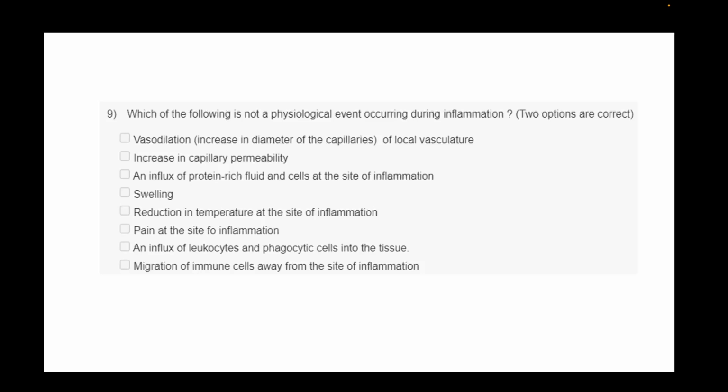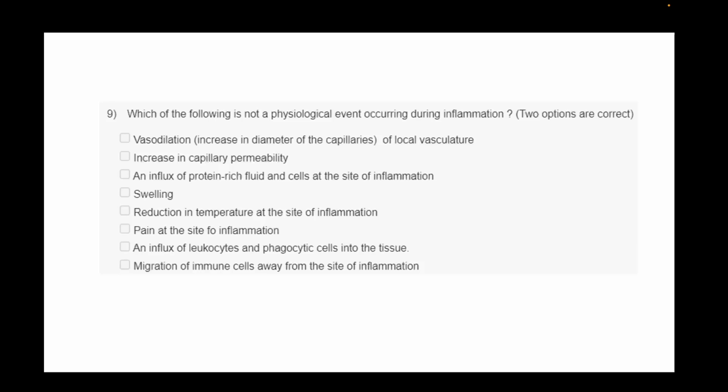Moving on to the next question. Which of the following is not a physiological event occurring during inflammation? You have to select two correct options here. 1. Vasodilation, increase in diameter of the capillaries of local vasculature. 2. Increase in capillary permeability. 3.